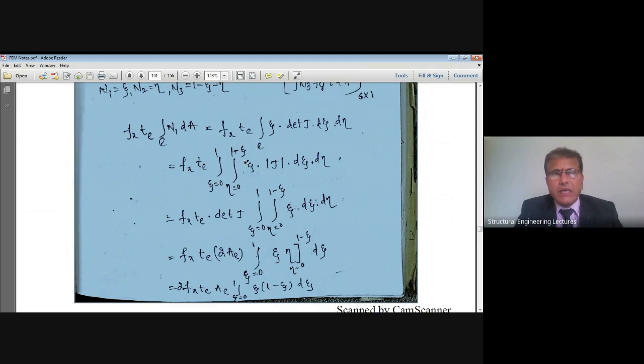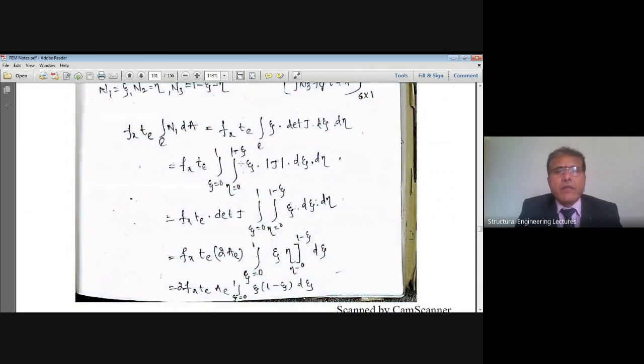That N3 relationship is that inclined line, xi plus eta is equal to 1. From that, I can say that eta is equal to 1 minus xi. Therefore, eta will vary from 0 to 1 minus xi over this integral of xi multiplied by det J d xi d eta.